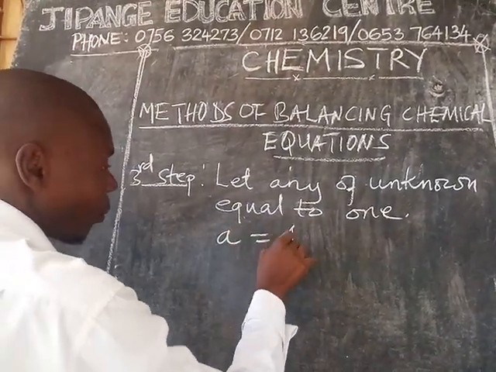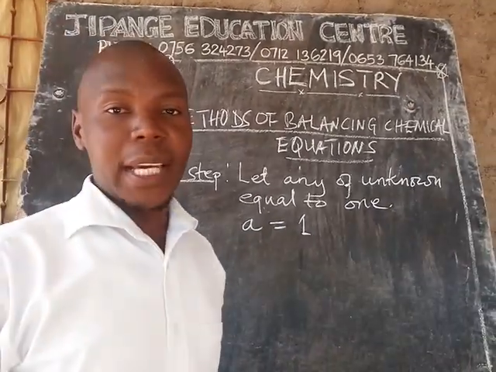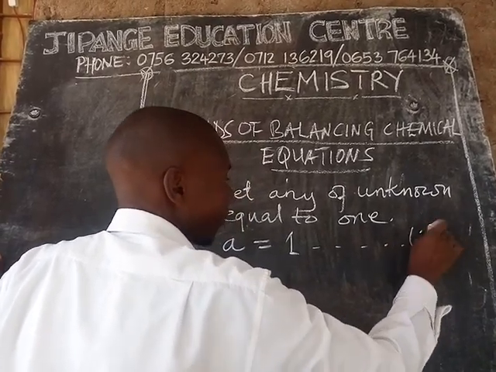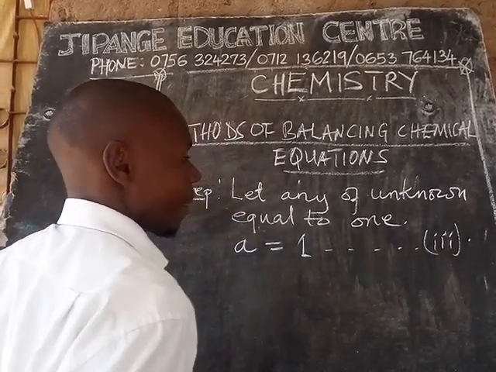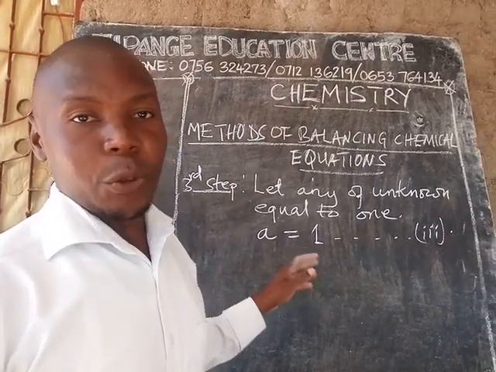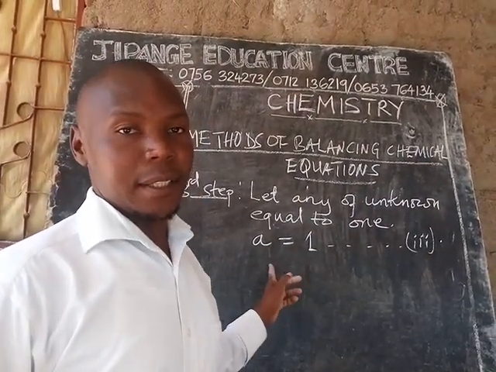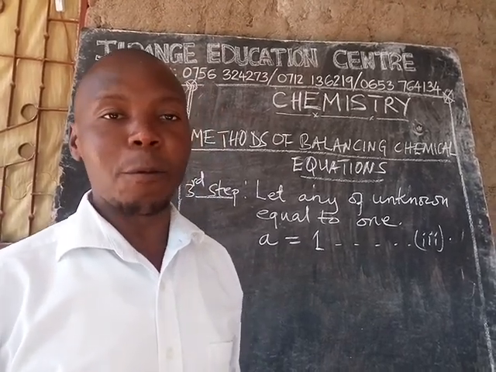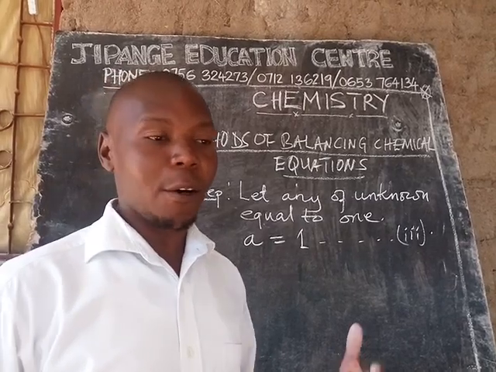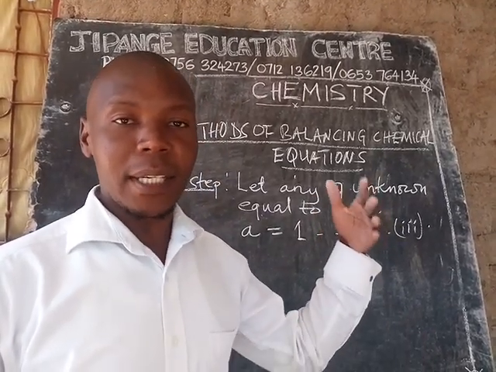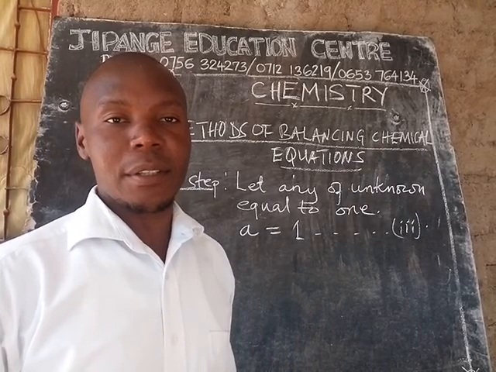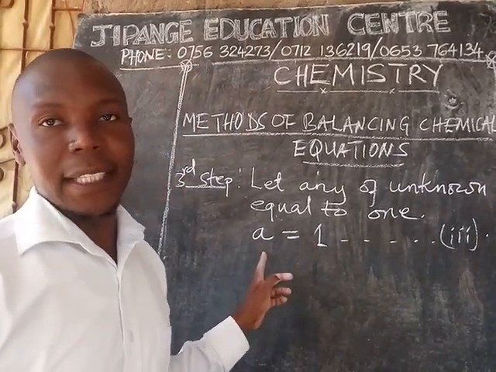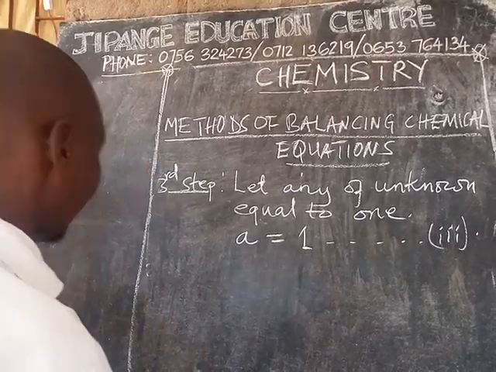From this, you get the third algebraic equation. Then you use the value of A to calculate the value of B or the value of C from those two equations. So we substitute this value of A in equation 1, for example.